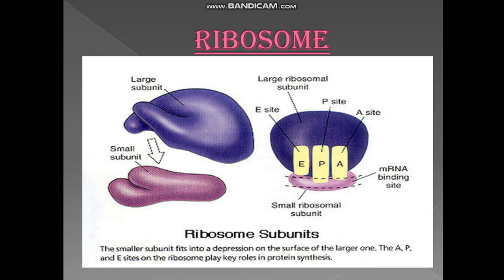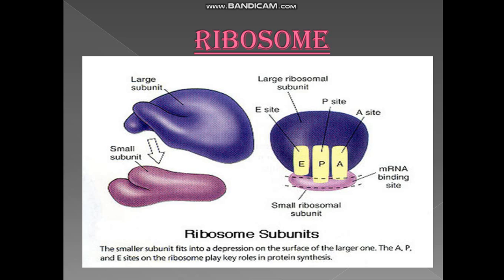Now, remember that both subunits will come together only when there is a higher concentration of magnesium ions in the cytoplasm. Clear? So you need to understand that the prokaryotic ribosome, 70S, is made up of 30S and 50S. The eukaryotic ribosome, 80S, is made up of 40S and 60S.